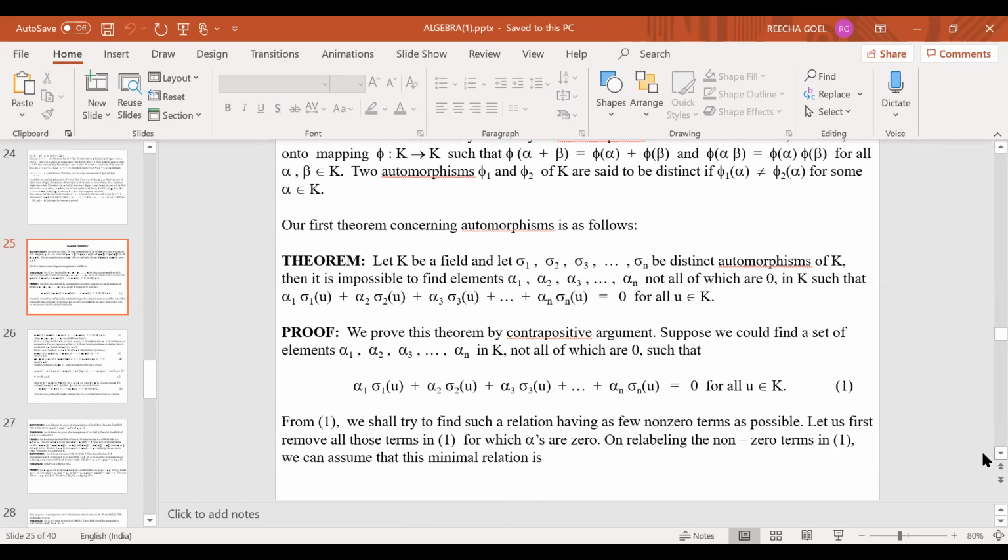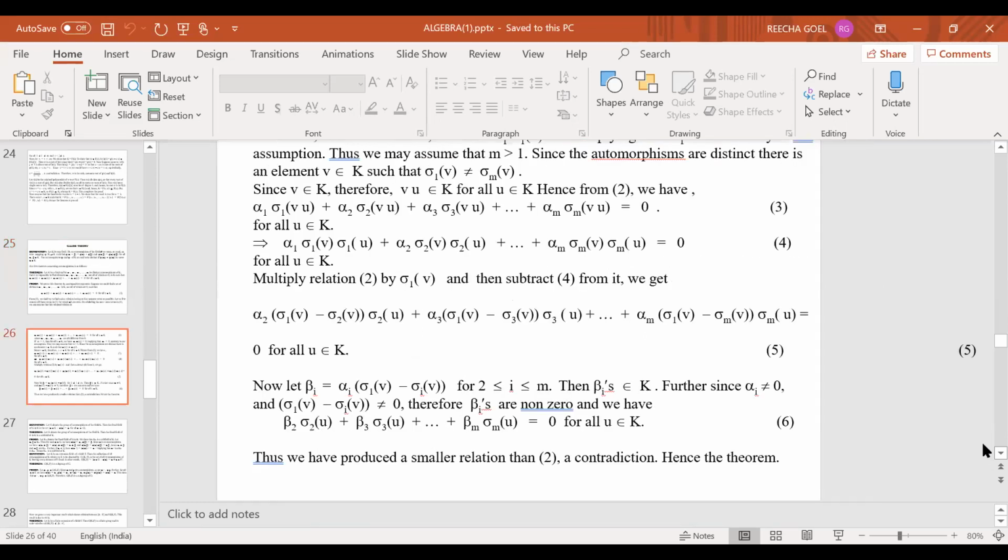Now, as I told you, some of alpha 1, alpha 2, ..., alpha n may be 0, so let me ignore those which are 0. Ignoring all those alphas which are 0, I get a minimal expression, which I can relabel.